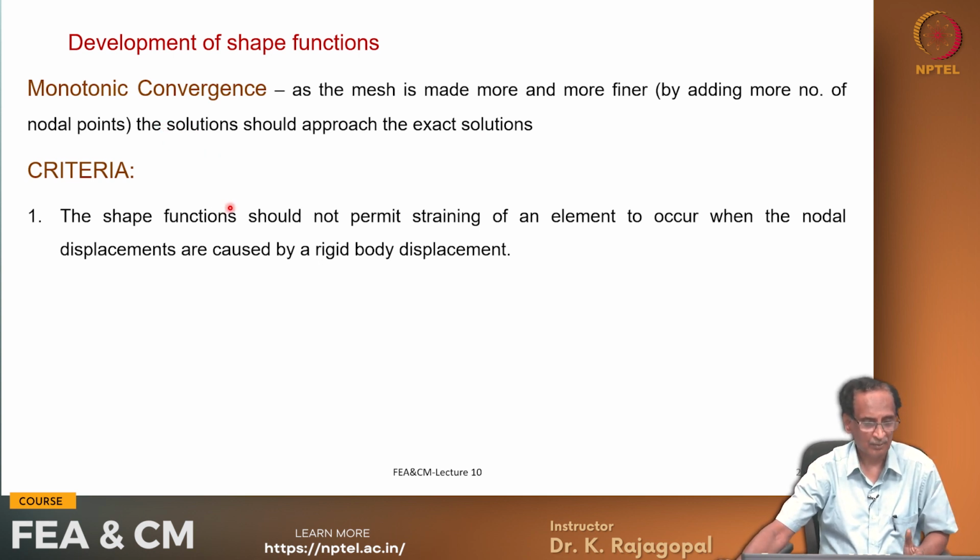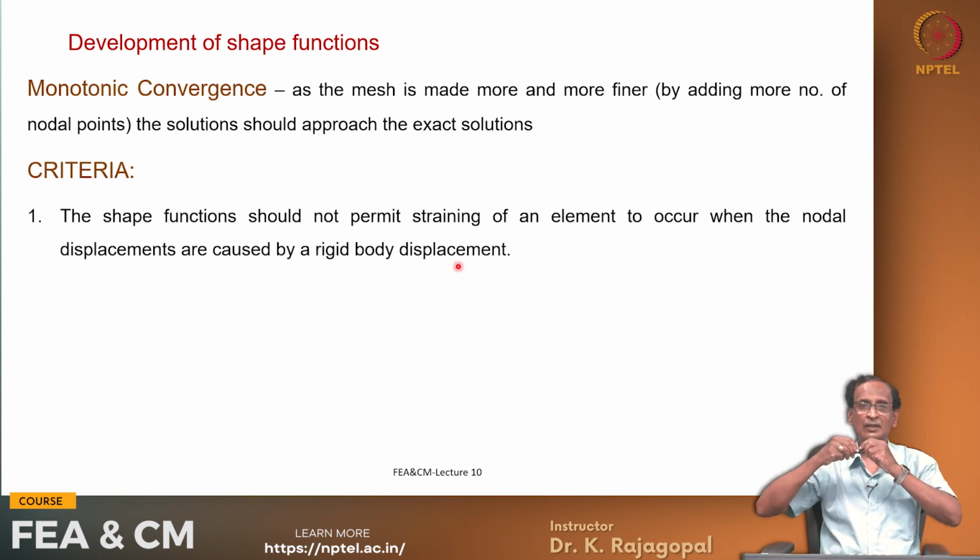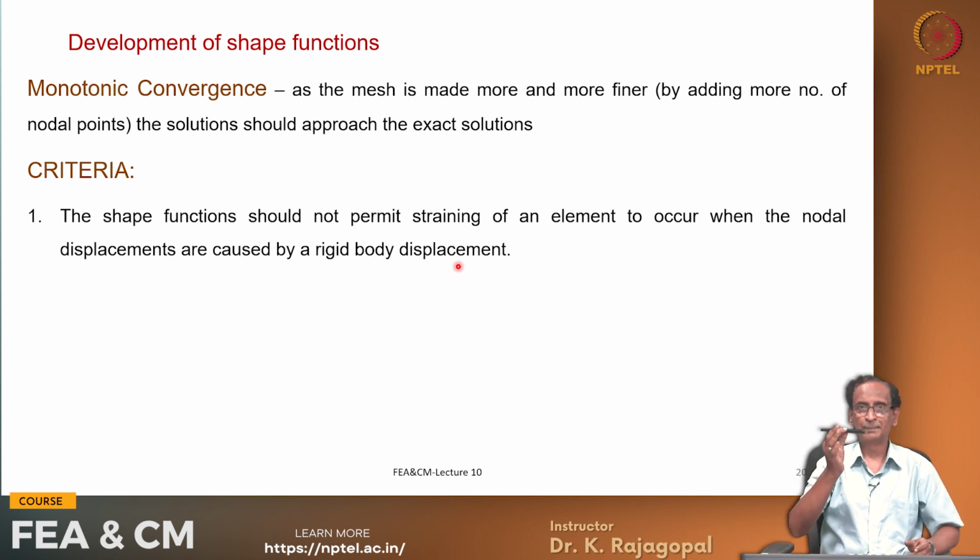Some of the requirements are that the shape functions that we define should not permit straining of an element to occur when the nodal displacements are caused by rigid body displacement. For example, if I take this pen and apply some compression like this, there is some force, but let us say I take this pen and simply move it from one place to the other.